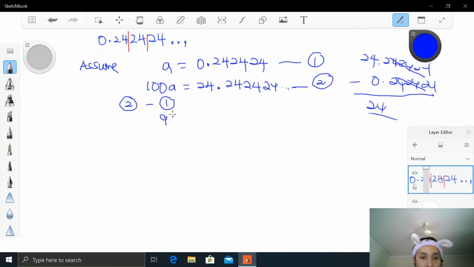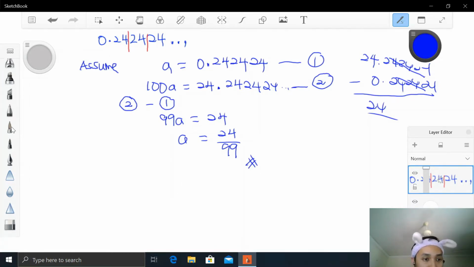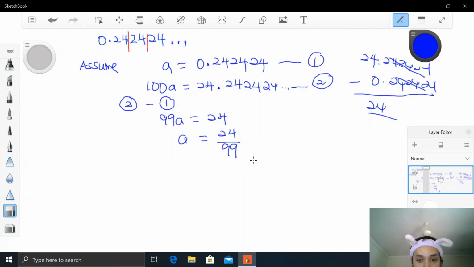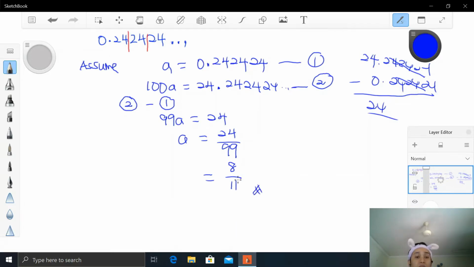When I minus 0.242424 from 24.242424, the decimal parts cancel off, leaving only 24. So equation 2 minus equation 1 gives 99a equals 24, so a equals 24 over 99. This is the fraction. If you can simplify it, try to simplify. I think I can simplify because it's 24 and 99, so if I divide by 3, this one becomes 8, and this one becomes 11. So this is my final answer.